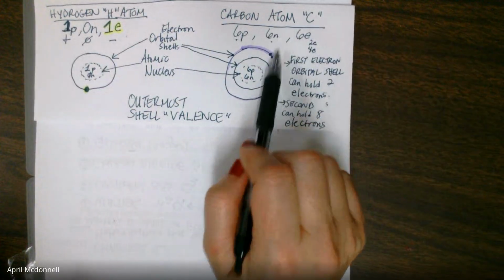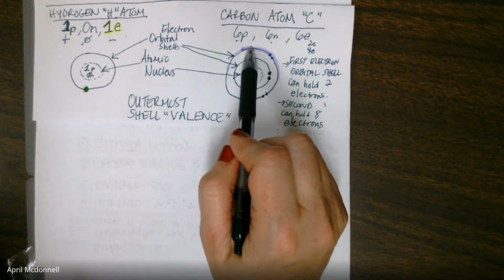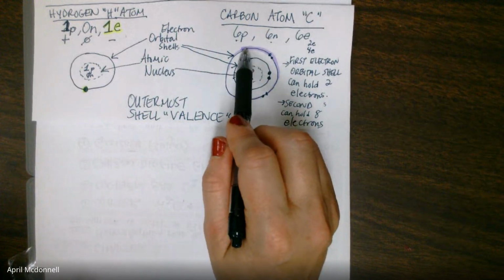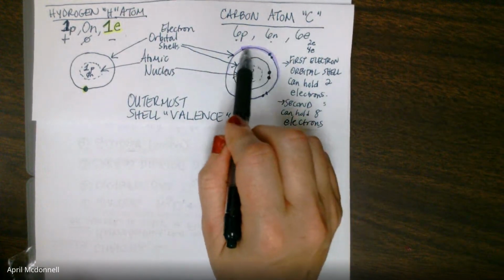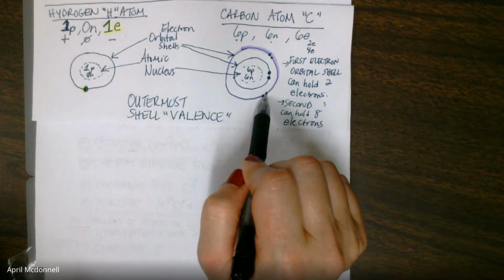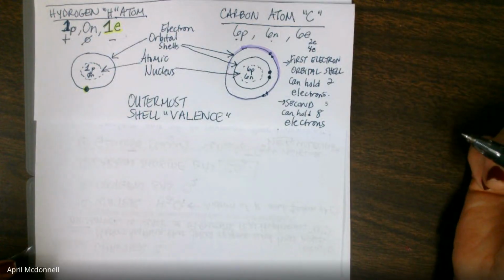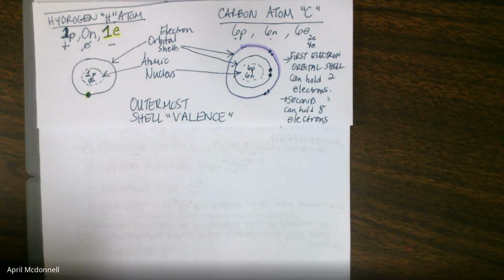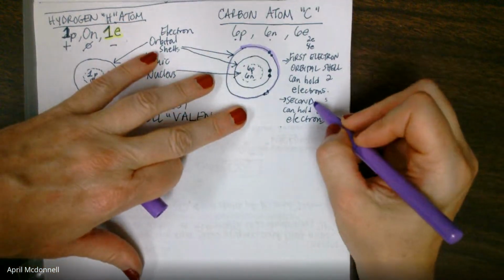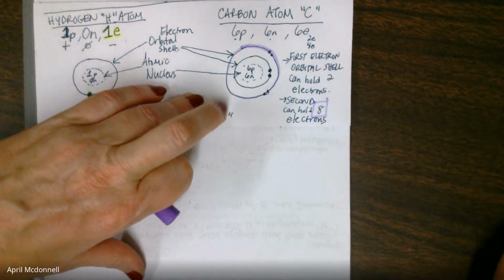The carbon atom has 2 electron orbital shells. What we're really looking at is the outermost shell. Okay, so the outermost shell for the carbon atom is not full to capacity because remember that the second shell can hold up to 8 electrons.